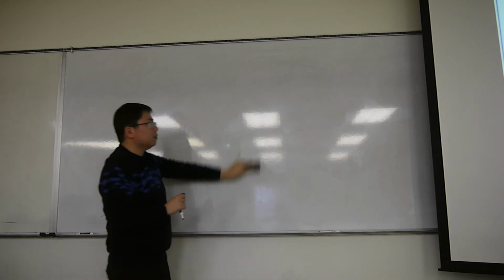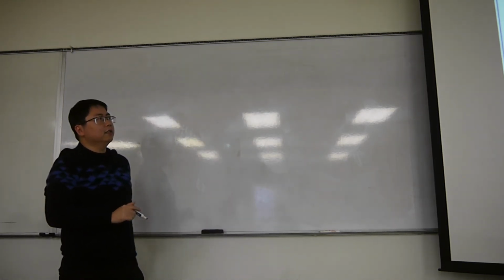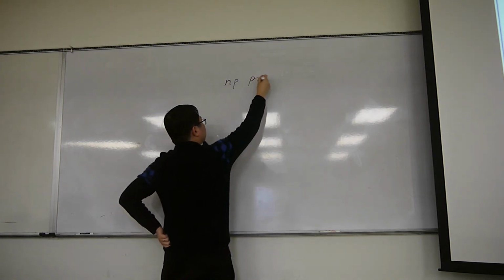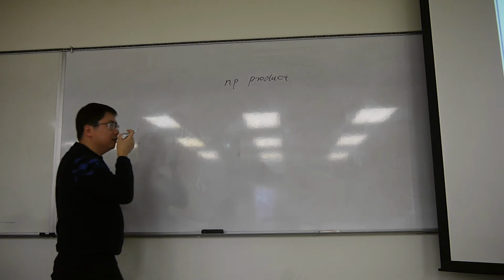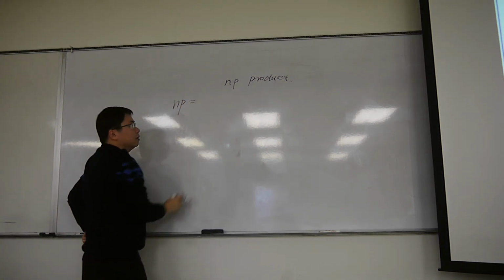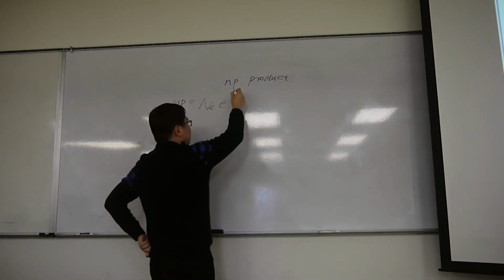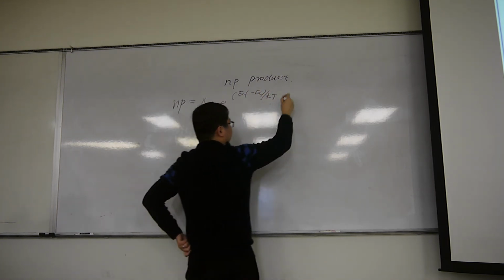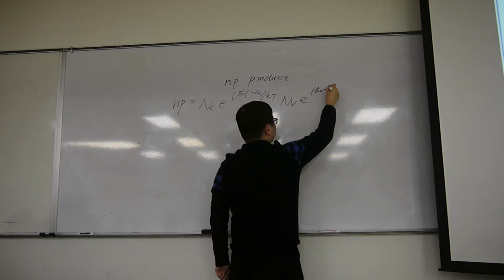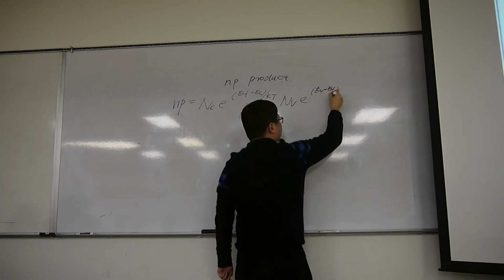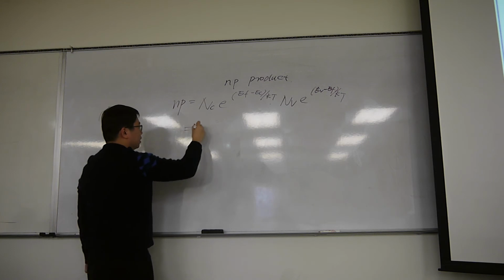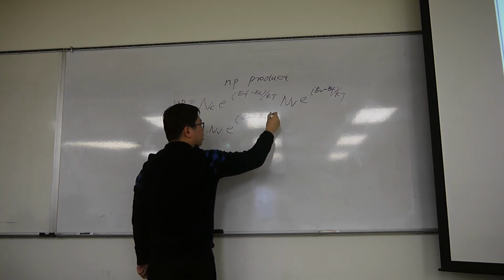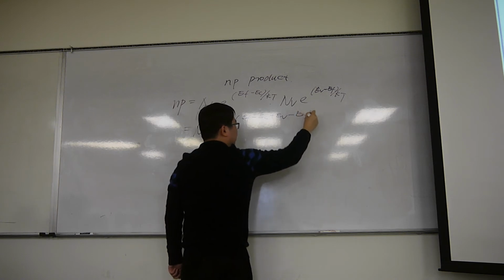For intrinsic silicon, let's look at the NP product, N times P. If you use those two equations, NC exponential of EF minus EC over KT times NV exponential of EV minus EF over KT, you can get NC NV and the exponential term EF minus EC plus EV minus EF over KT.